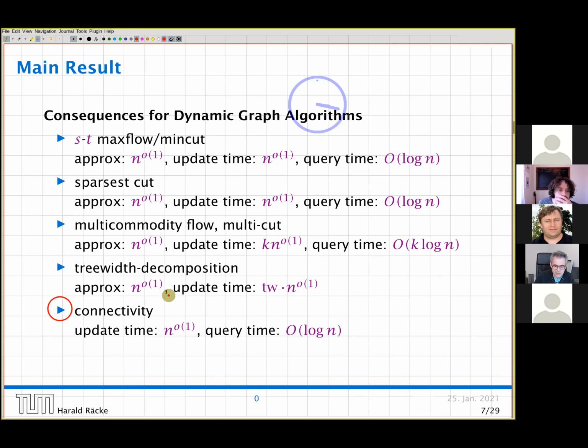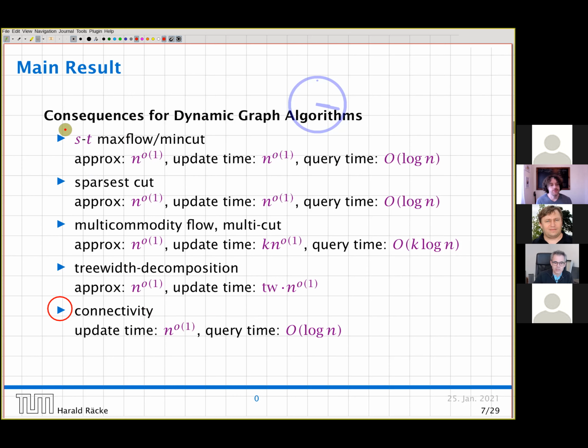Now, if you give it a tree cut sparsifier and the tree contains a path between S and T, then S and T will be connected. So if I ask ST connectivity, I can do this. If I ask connectivity, I just have to check whether there are two components in this tree or not. And I can do this all very efficiently.